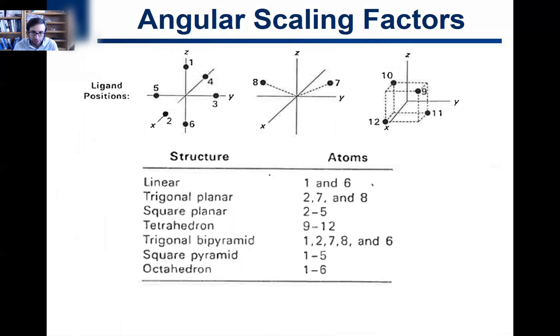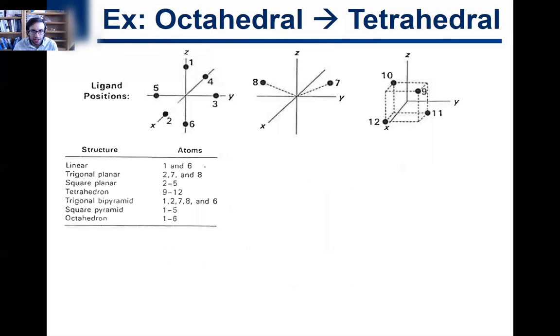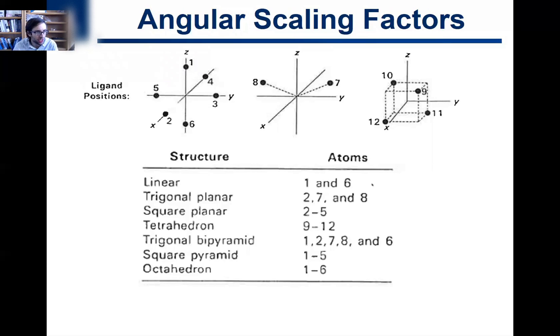That would give you a nice trigonal planar. You know, trigonal bipyramidal, you can do these different ones. Like we said, octahedral will be 1 through 6. If you want to just do square planar, you drop the axial ligands, just consider 2 through 5. Tetrahedron, you'd use 9 through 12, okay, etc. So what we'll do in the next video is we'll work through certain examples of using this angular overlap method.